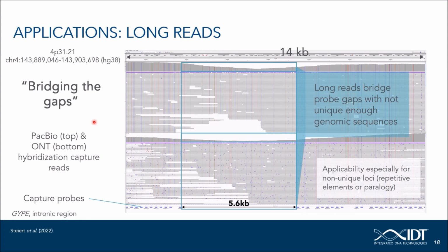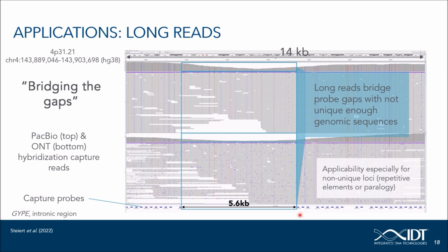Another advantage of capture enrichment with long fragments is what we call bridging the gaps. Sometimes, through repetitive sequences or sequence paralogies, with capture enrichment for next generation sequencing, you will have genomic areas that are not unique enough to design capture probes against them. Such an area can be seen below here, with the blue bars indicating the individual capture probes that we use to enrich our targets.